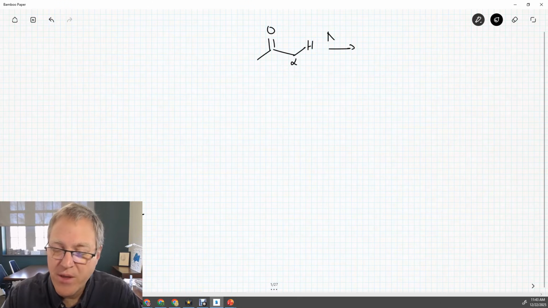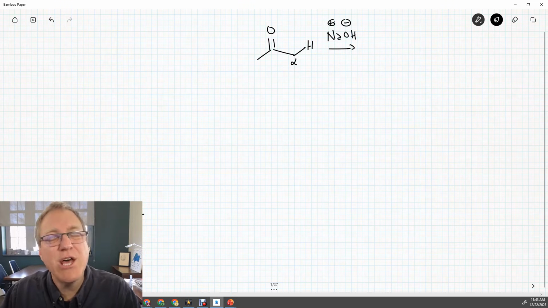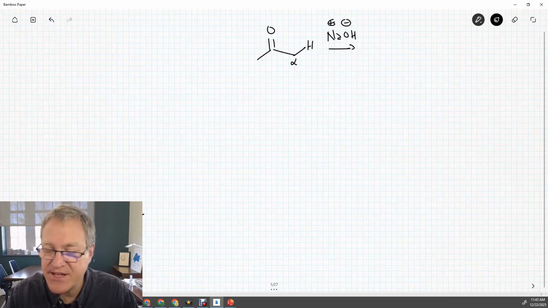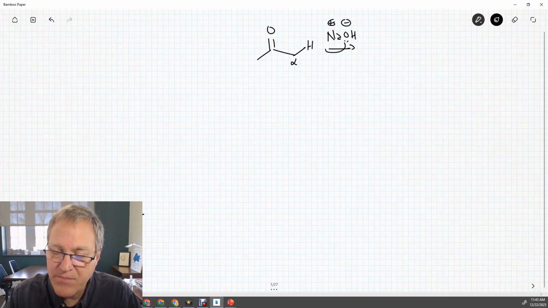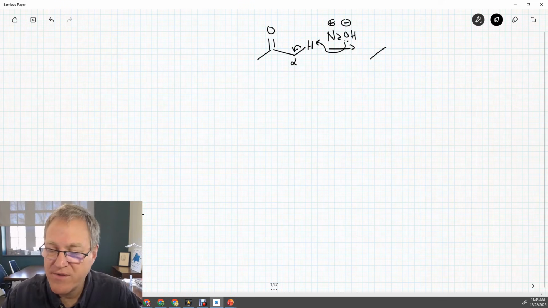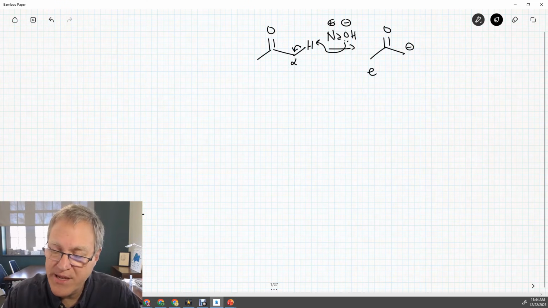Now, bleach contains a lot of base. Base, sodium hydroxide, helps stabilize the bleach. It extends the shelf life. And that base can remove some of those alpha protons, just one at a time, and form an enolate.